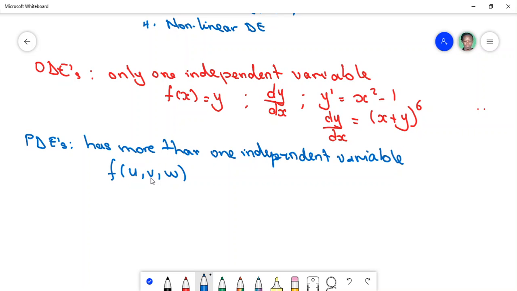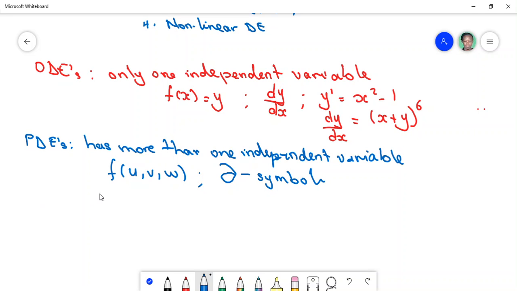So I could have the function to be a function of u, v, w, f. So if I want to find the derivative, so partial, this is the symbol for partial, so you represent it by this symbol.